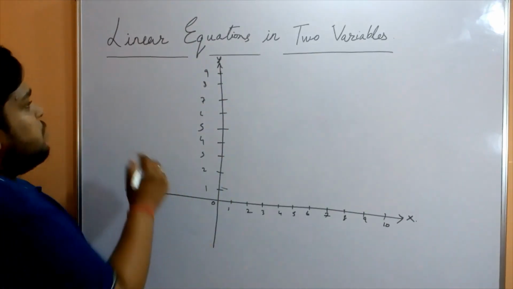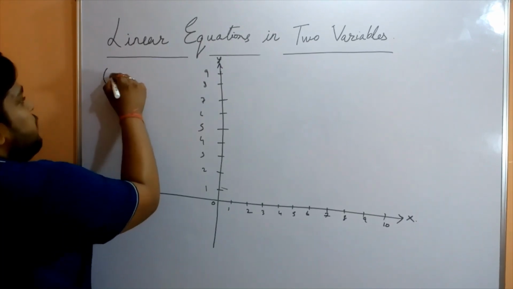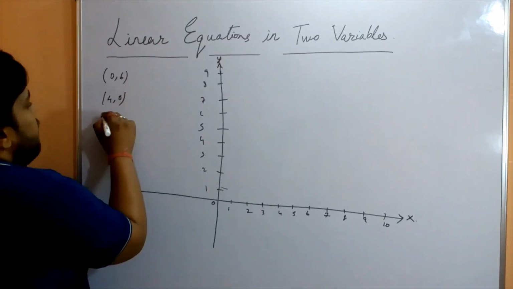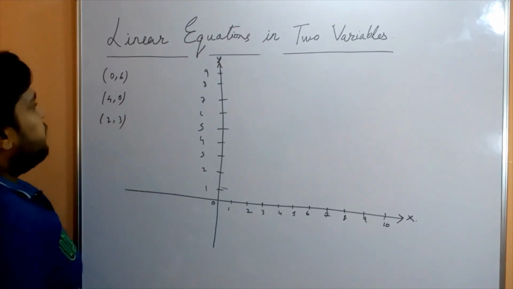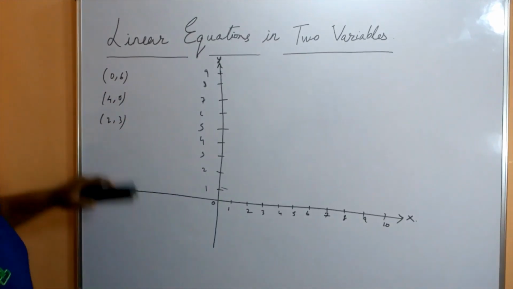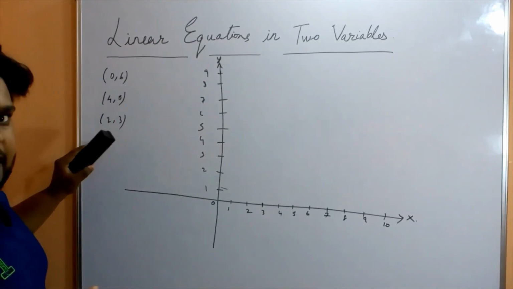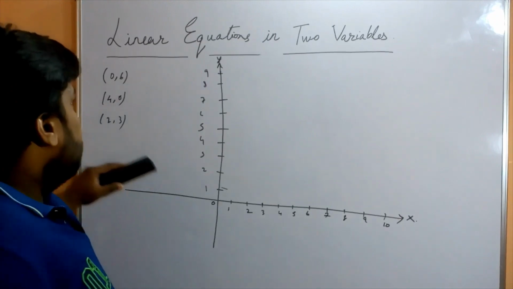Now, first, what did we get? 0, 6. Then what did we get? 4, 0. Again 2, 3. So now we know these are the solutions of the example equation which I have taken.